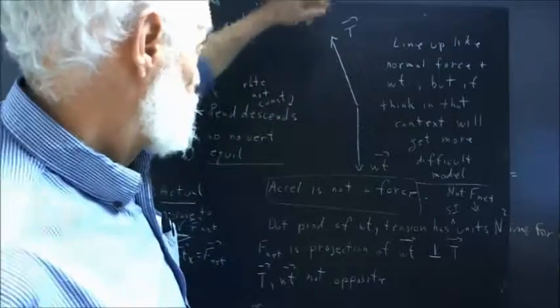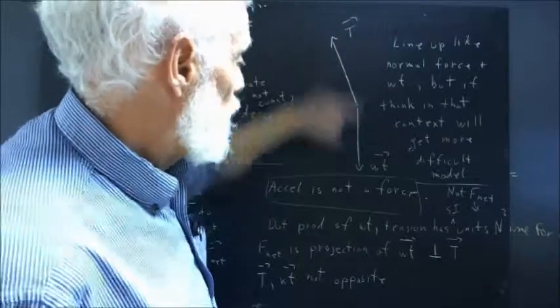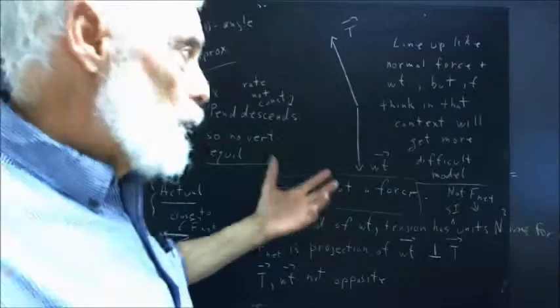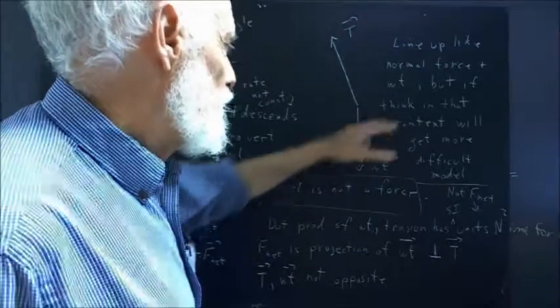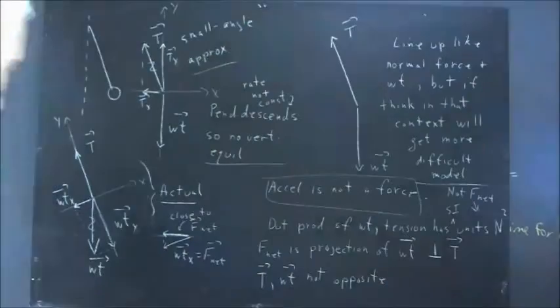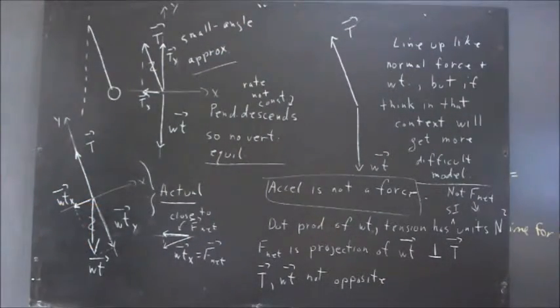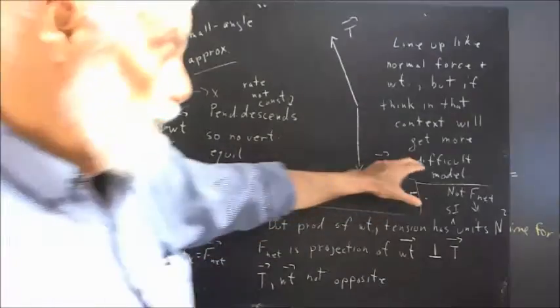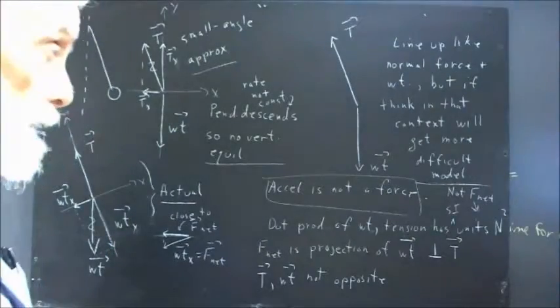Okay, so while the tension and the weight line up like a normal force and a weight, you really don't want to think of it that way, because what that's going to do, among other things, is evoke this picture. And this picture gives you an order of magnitude more difficult model to analyze, as we'll see before too long.